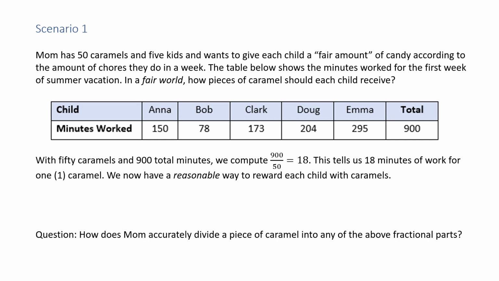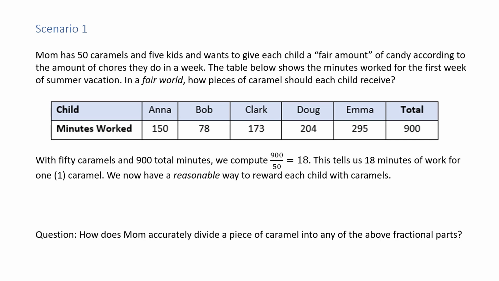The table shows that Anna worked 150 minutes, Bob 78, Clark 173, Doug 204, and Emma worked a whopping 295 minutes. With 50 caramels and 900 total minutes, we can compute 900 divided by 50, which gives us 18. This tells us 18 minutes of work for one caramel.